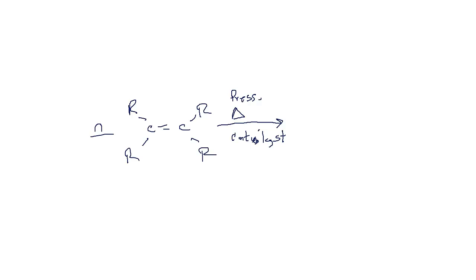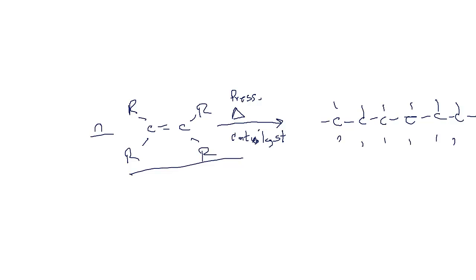It goes like this. The double bonds open up and you get a long chain of carbons, depending on how many of these units over here that you have. So 2, 4, 6, we'll say we have that many units. And all of a sudden this all just opens up and makes one long alkane, saturated hydrocarbon.